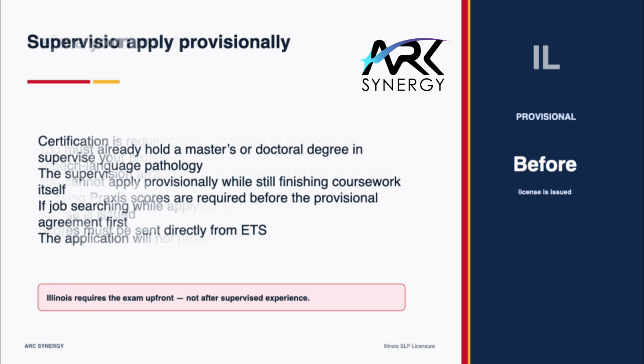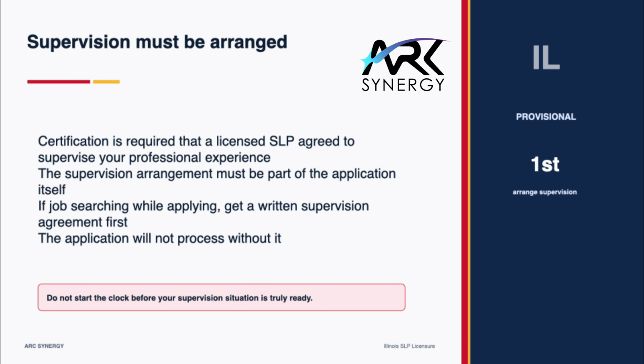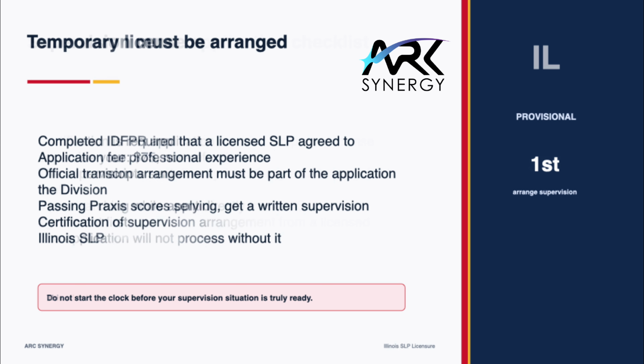But for Illinois, you need to take the exam and have your scores sent directly from ETS when you apply. You must submit a certification that a licensed SLP has agreed to supervise your professional experience before the temporary license is issued. So make sure that you confirm who is going to supervise you, if you've already secured a job, so that they can fill out the paperwork with you.